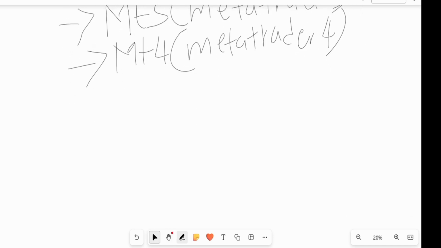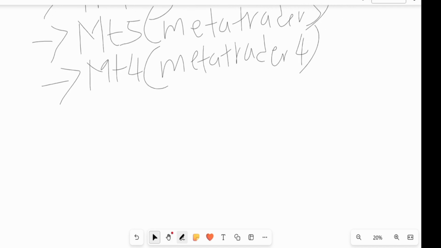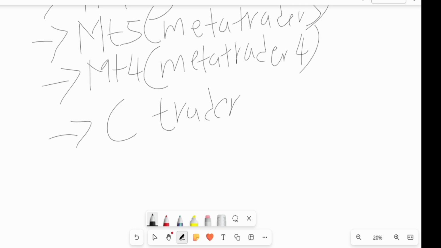MetaTrader 4 is also the most widely used platform by Forex traders, and we also have cTrader. This is a great alternative with advanced features. Each platform has unique features, but I can help you choose the best one based on your trading style.